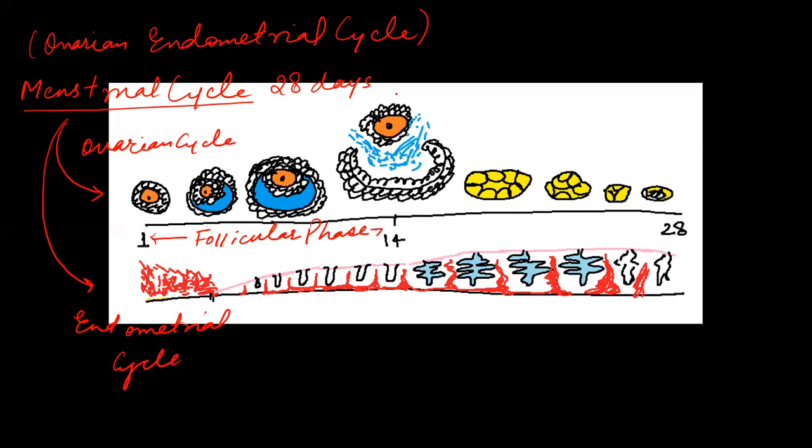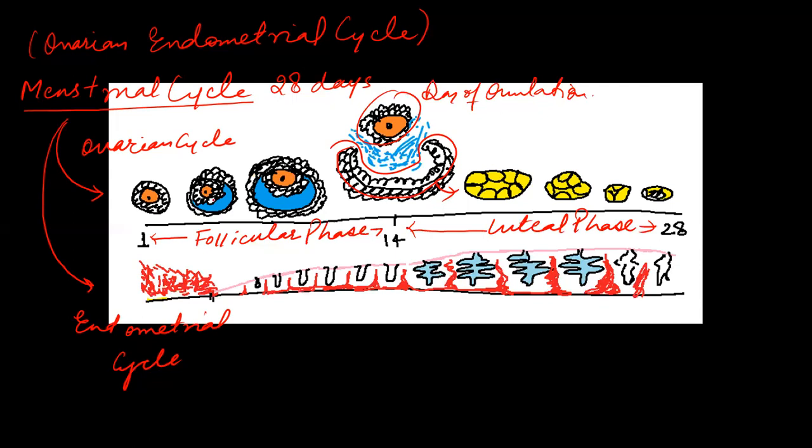And on the 14th day the ova is released, so the day of ovulation is the 14th day, and the remaining follicle is converted into corpus luteum or yellow body. So after ovulation, the phase is called the luteal phase.